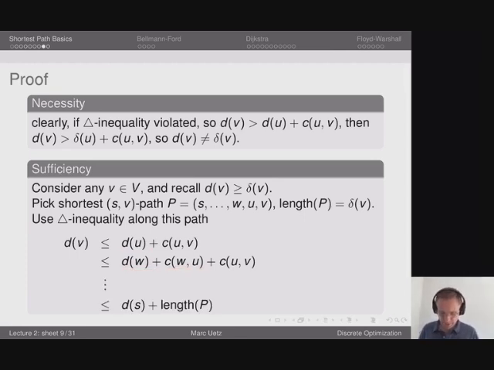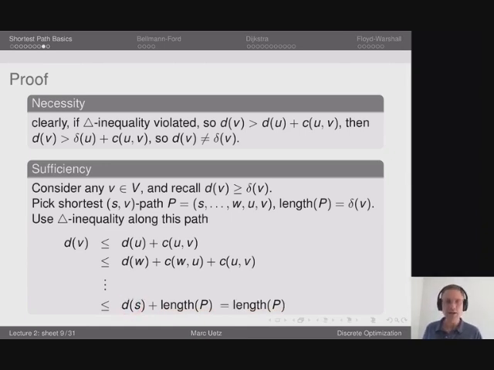So I get that d of V is at most, when I'm just finishing with the starting vertex S, d of S plus the sum of the edge lengths of all the edges on the path, and that is just the length of the path. Now d of S is equal to 0, right? The distance from S to S is 0.